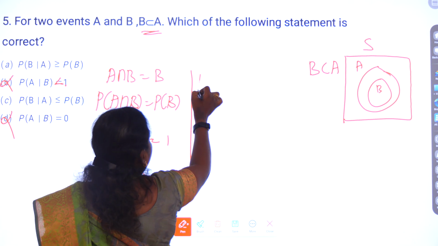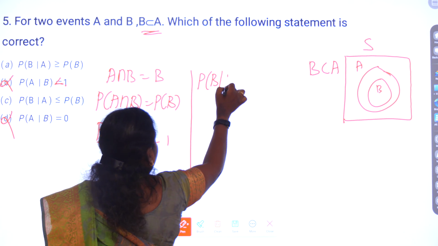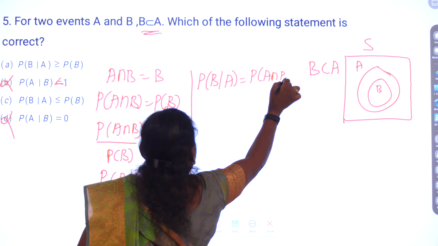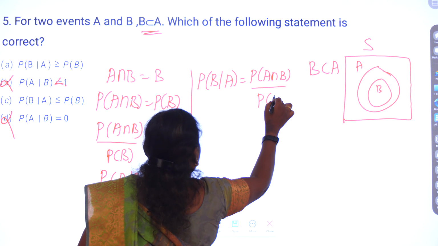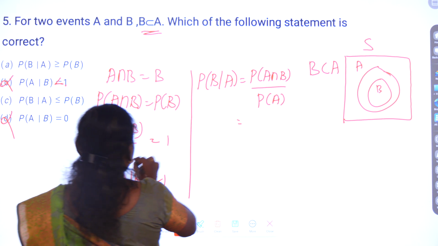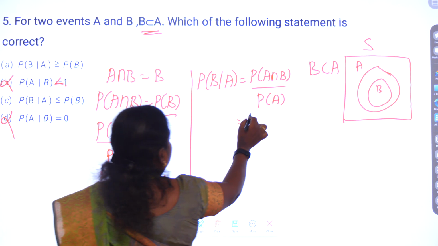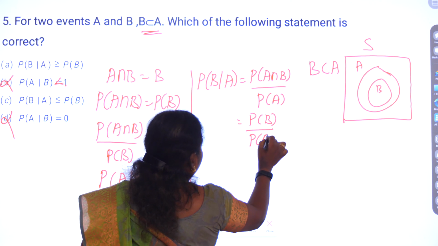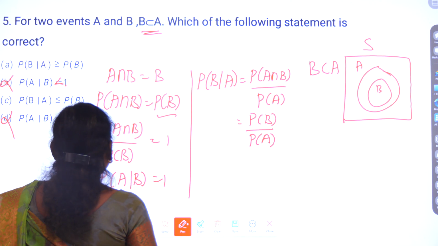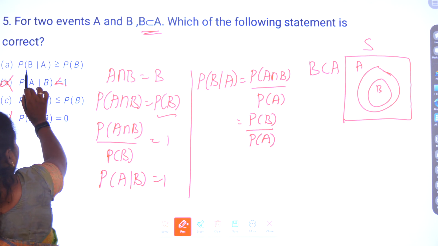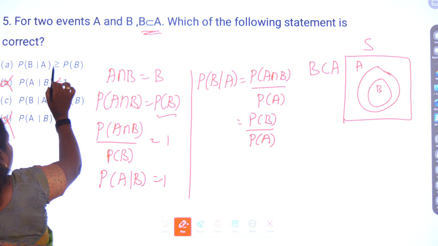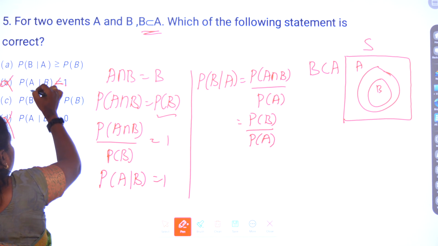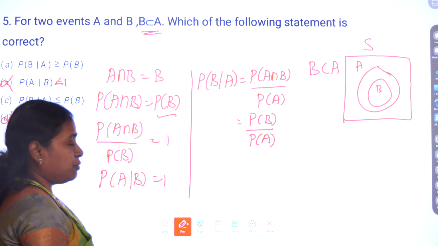Now let us consider P of B given A, which is P of A intersection B divided by P of A. What is P of A intersection B? It is P of B, so we get P of B divided by P of A. Now I need to check the relation of P of B given A with P of B. In both cases, either A or C will be correct; any one option will be correct.